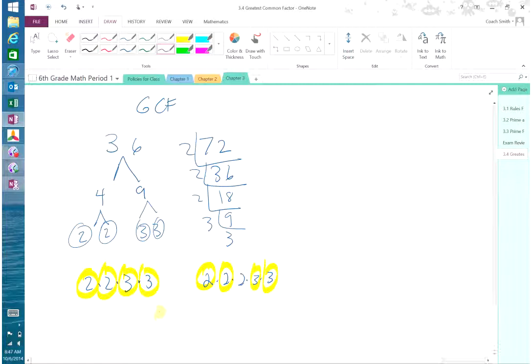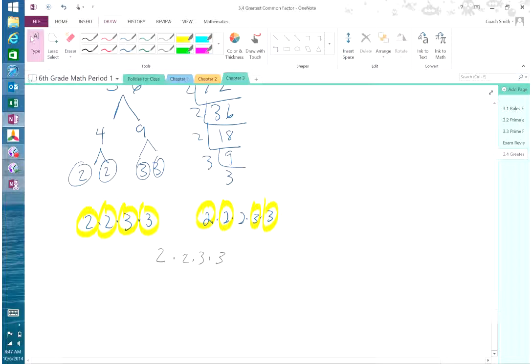So I take and multiply 2 times 2 times 3 times 3. 2 times 2 is 4 times 3 times 3. 4 times 3 is 12 times 3, 36. Okay? So, there's your greatest common factor.